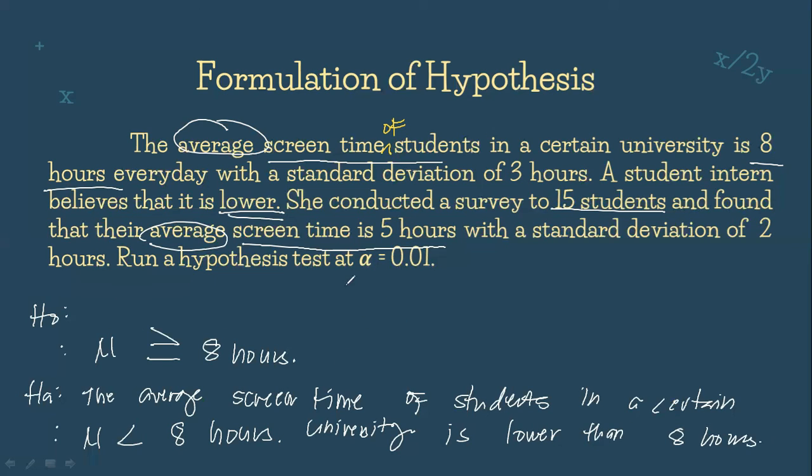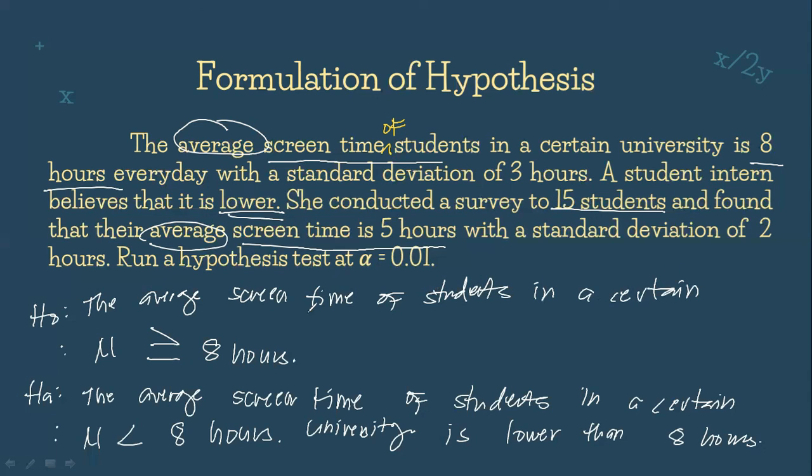So, dito naman po, ang kabaliktaran po ng lower is greater, pero kailangan po natin i-indicate na may equal sign po dito. Kaya, pwedeng the average screen time of students in a certain university is 8 hours, to indicate the equal sign, and to indicate naman po the greater, kailangan po nating dagdagan siya ng or more.